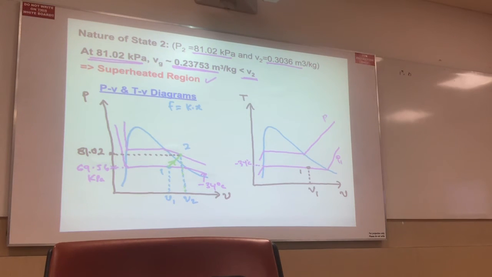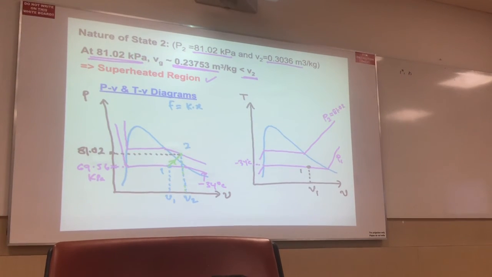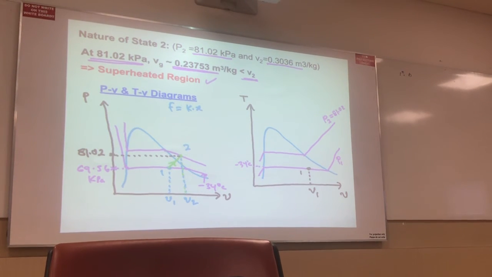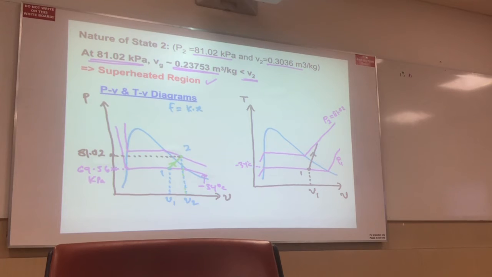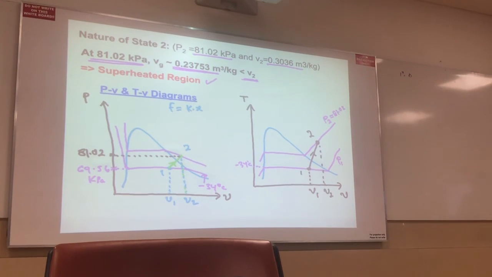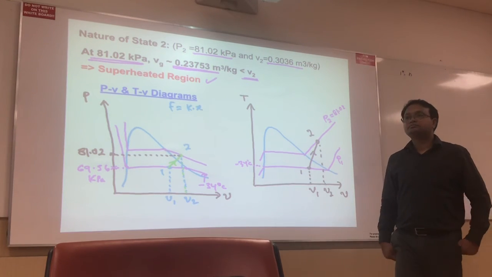P2 is 81.02 kilopascal and P1 is 69.56, then it goes in this direction. This is how you can draw the PV and TV diagrams.